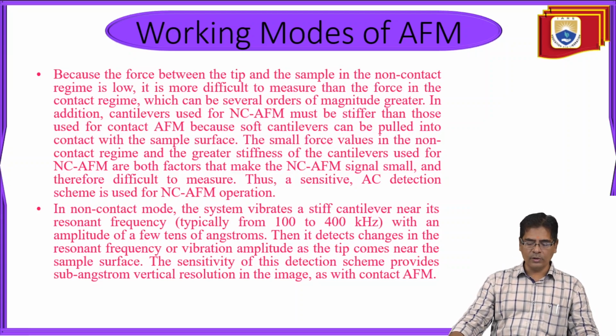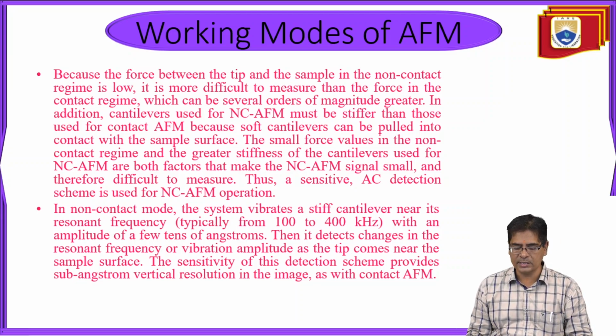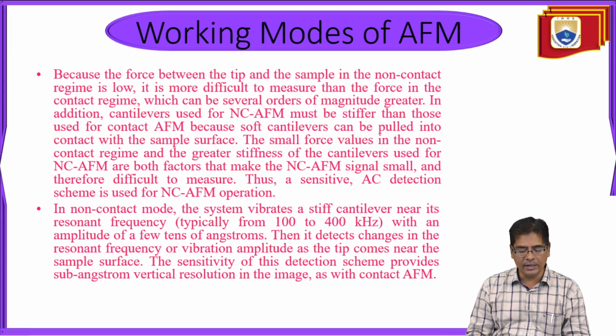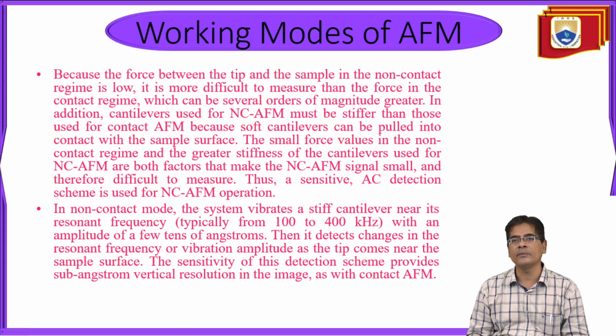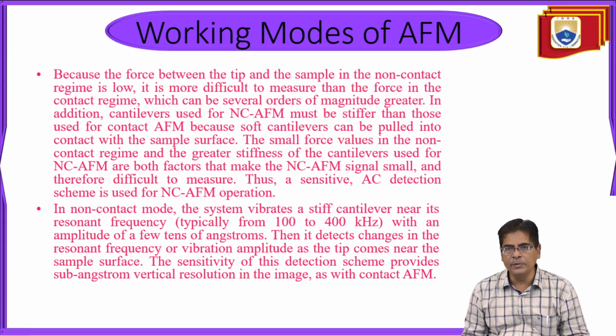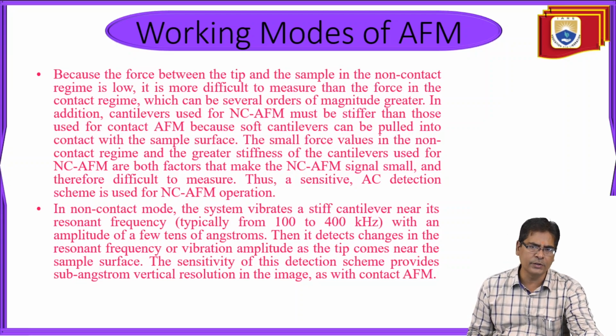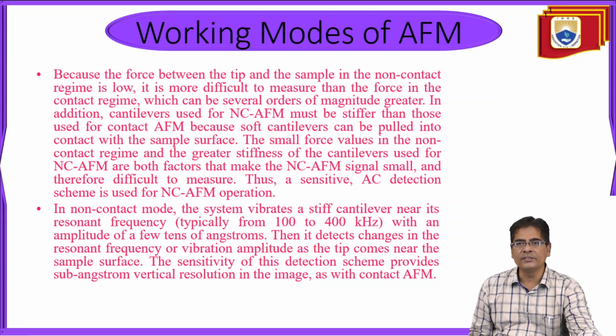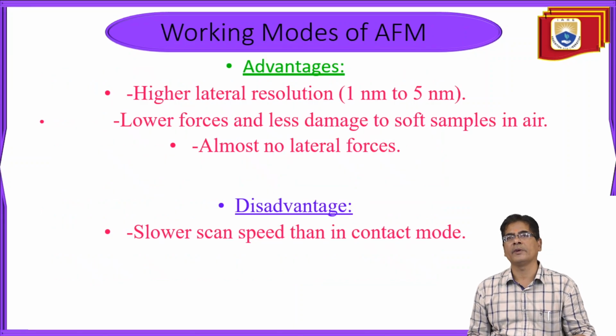In non-contact mode, the system vibrates a stiff cantilever near its resonant frequency, typically from hundreds to 400 Hz, with an amplitude of a few tens of angstroms. Then it detects changes in the resonant frequency or vibration amplitude as the tip comes closer to the sample surface. The sensitivity of the detection scheme provides sub-angstrom vertical resolution in the image, as with contact AFM.